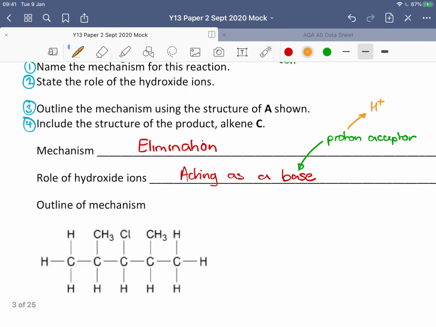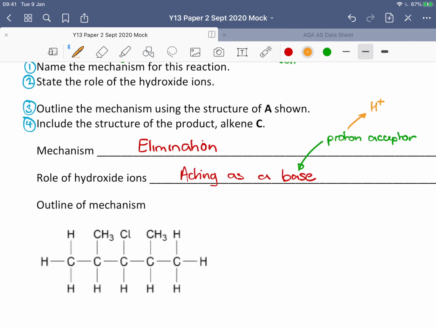All right. So now we are making an alkene. So we have to eliminate something. We've said that the hydroxide ions are acting as a base, so that means they're accepting a proton. That means they're accepting an H+. That means a hydrogen has to be removed. An alkene is a carbon-carbon double bond, so we've got to have a double bond forming between two carbons.